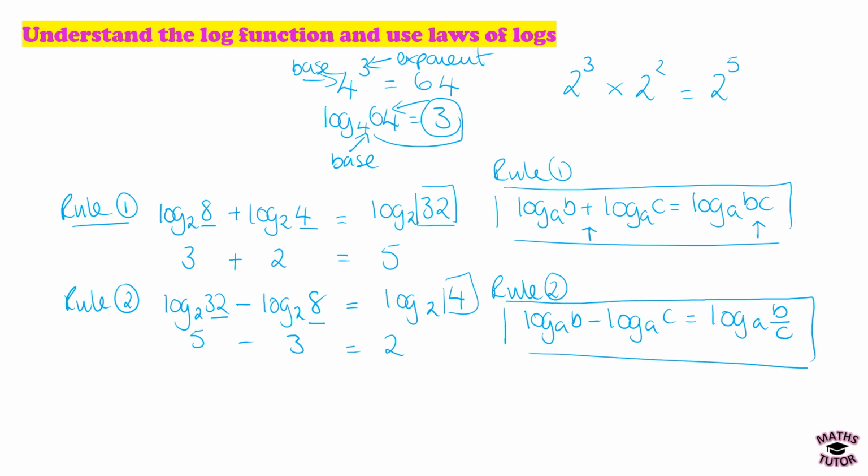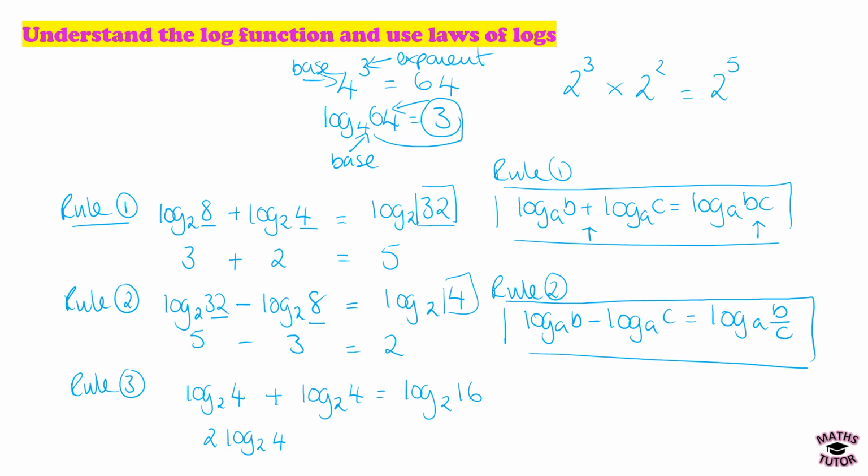Now the third rule, if I've got log to base 2 of 4 and I add on exactly the same thing, another log to base 2 of 4, by rule number 1 I've got log to base 2 of 16. But because I'm adding the same thing, I've got 2 log to base 2 of 4.